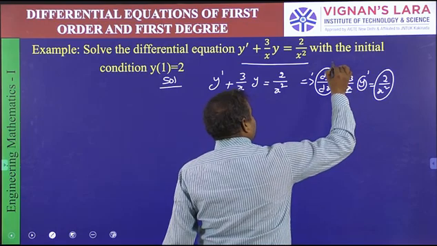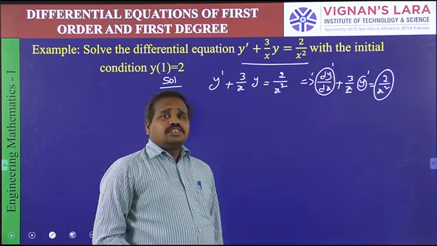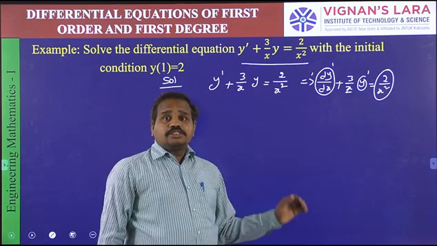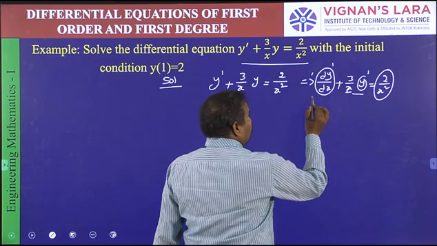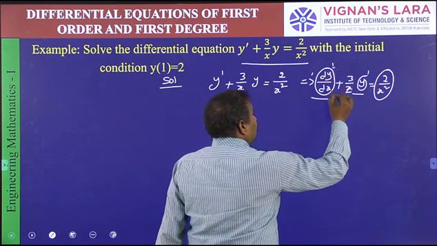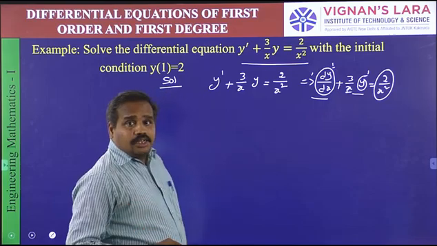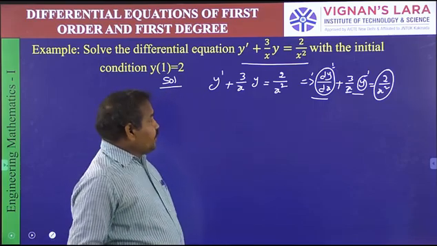Y power is 1, dy by dx power is 1. What is the linear differential equation definition? A differential equation is said to be linear if its dependent variable and its derivatives are of first degree and are not multiplied together.